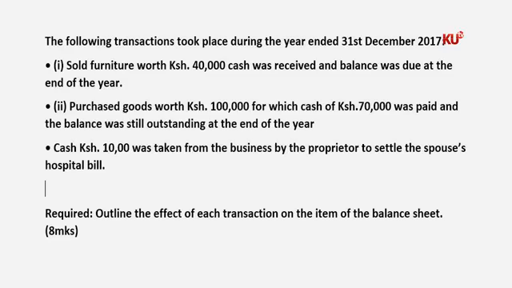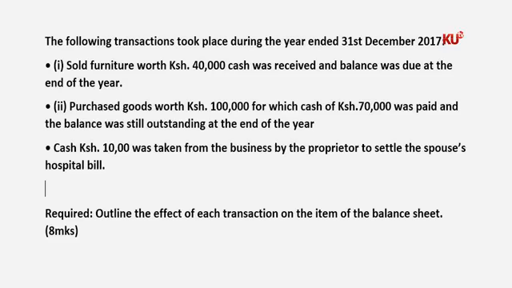Number two, purchased goods worth 100,000, for which cash of 70,000 was paid, and the balance was still outstanding at the end of the year.